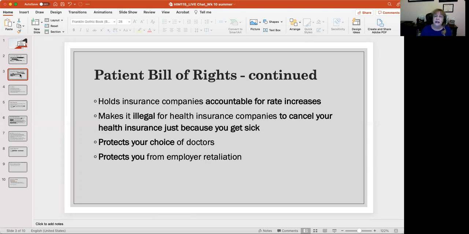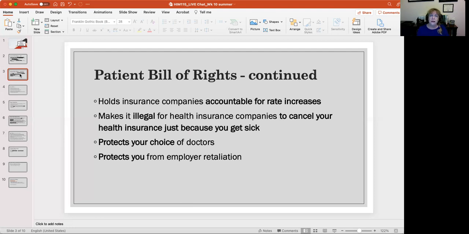It's now illegal for health insurance companies to cancel your health insurance just because you get sick. And again, you might hear something like that from an older relative who says, oh, I'm not going to the doctor because if it's such and such or that or this, then my health insurance will cancel me.